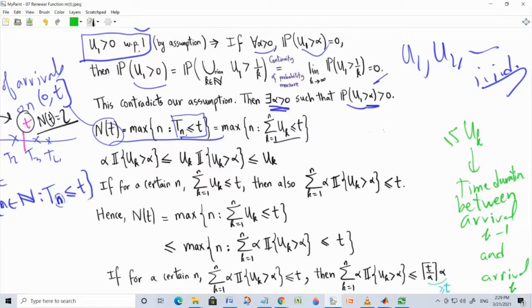Now, it is greater than or equal to U_k times an indicator function, a strategically designed indicator function, with U_k greater than alpha, positive alpha.